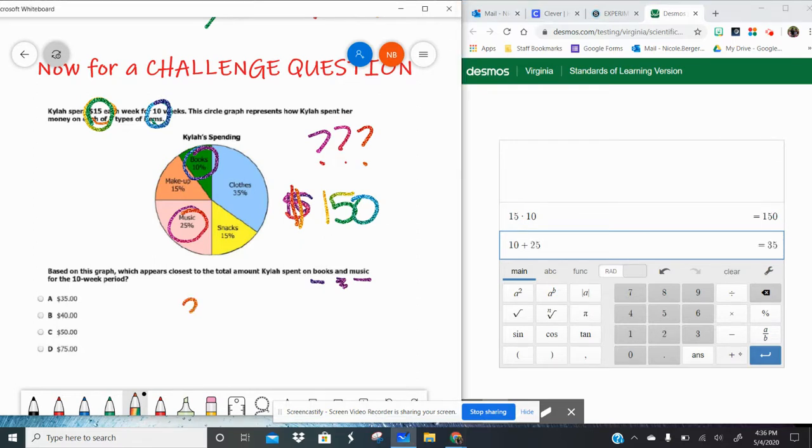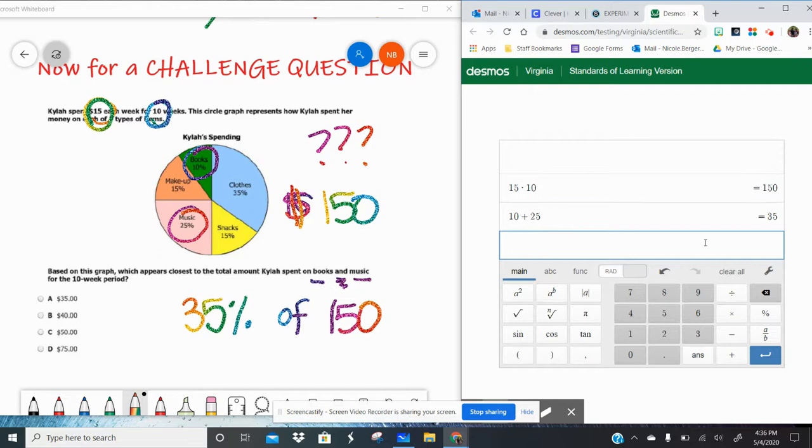So we're talking about 35% of the $150, right? So what's 35% of 150? I don't know, but my calculator does. So I'm going to type in 35% of $150.